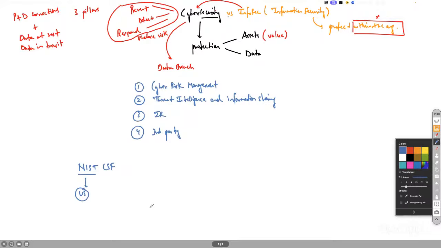So for example, they would have a document which will give you best practices about incident response. How can an organization create an incident response plan? What goes into it? How do you build teams? How do you train them, etc., etc.